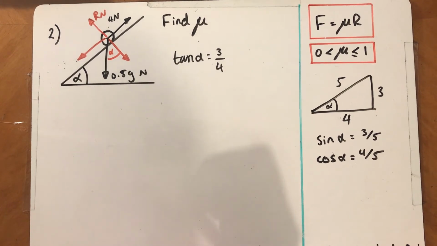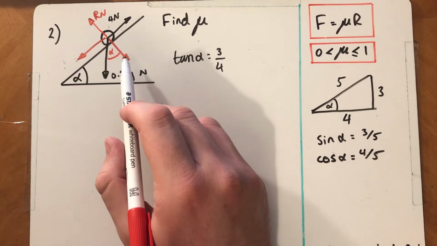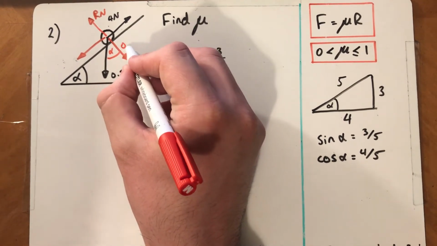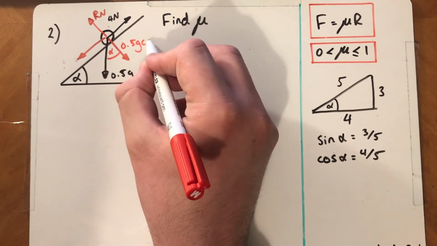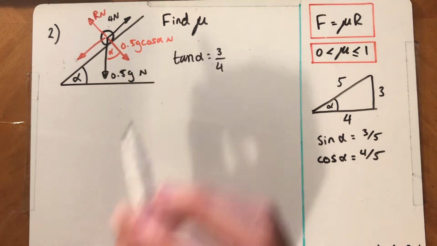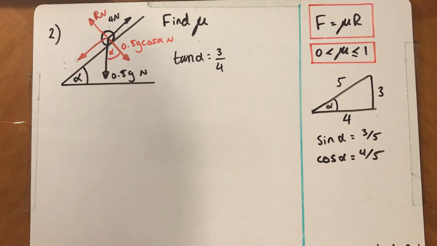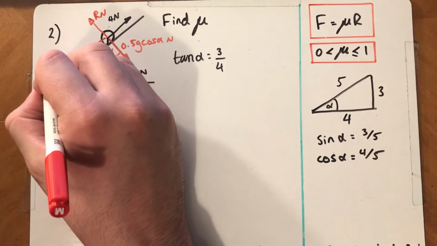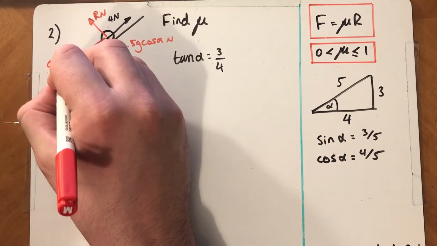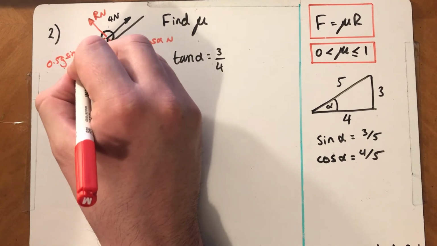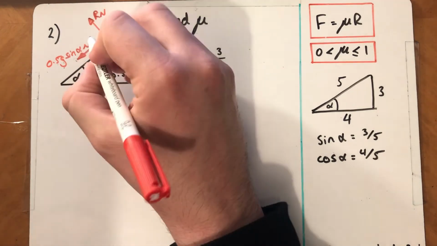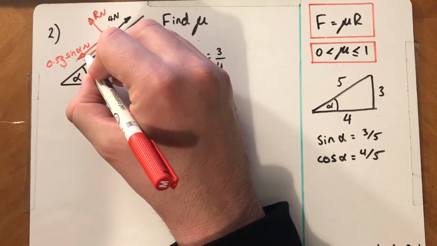The force that includes the angle is cos, so I know this force is simply 0.5g cos alpha newtons, and the force that does not include the angle is sine, so I know that this force is 0.5g sine alpha newtons. Okay, and I know that there is an additional force, the frictional force acting downwards.